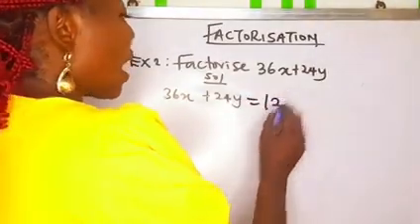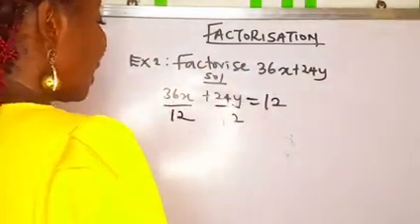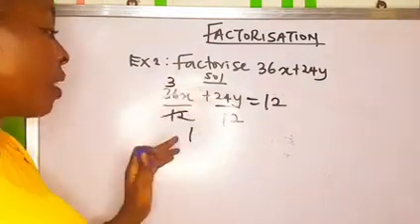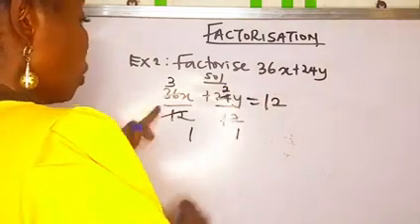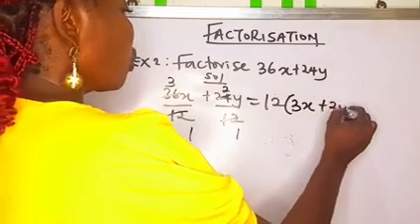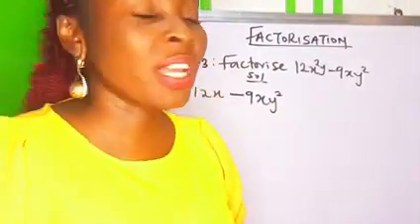If we factor out 12, that is, if we bring out 12, we use it to divide both sides. 12 here is 1, and 12 into 36 is 3. 12 here is 1, and 12 into 24 is 2. So I have in brackets 3x plus 2y, and that is example number 3.